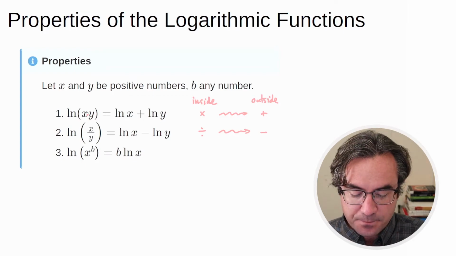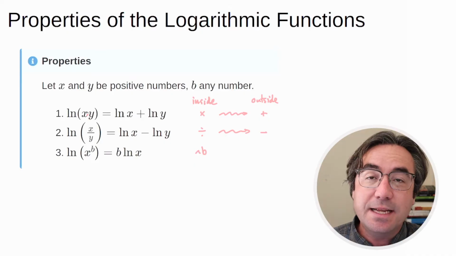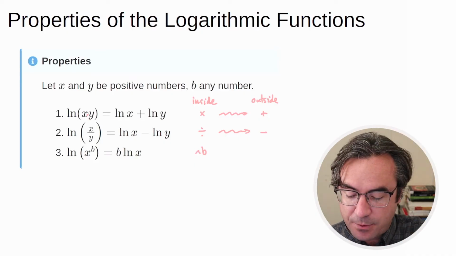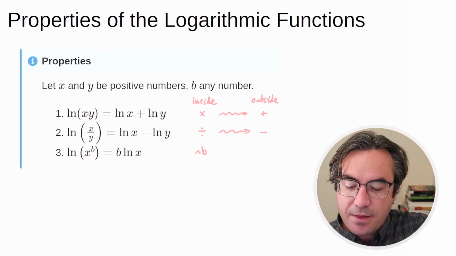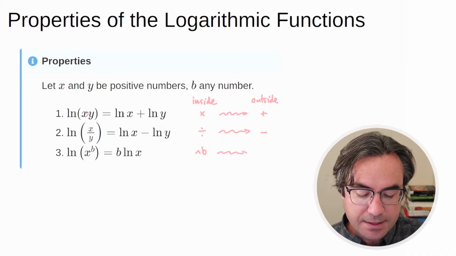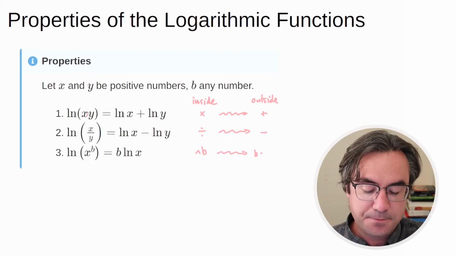And for the last property, the exponent b is converted into constant multiplication outside.